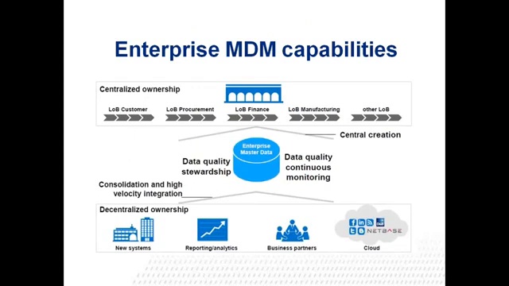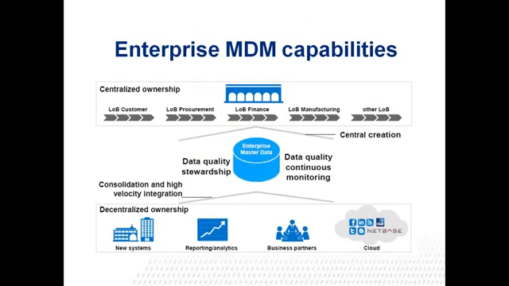Decentralized means, for example, I am managing my manufacturing business in one system, and my finance transactions are running in another system. I don't have any integration in between, and I need master data created independently everywhere.